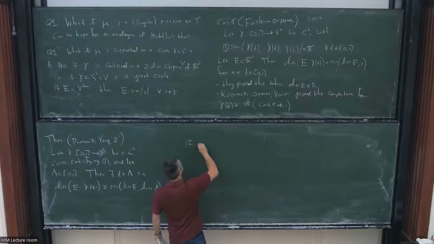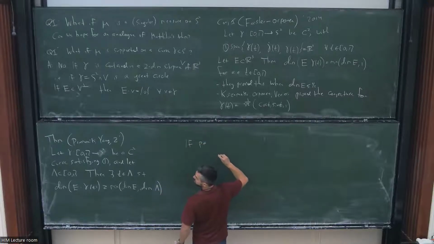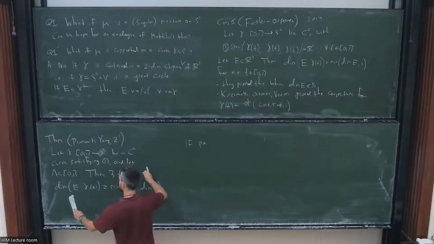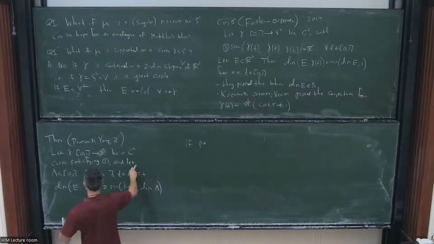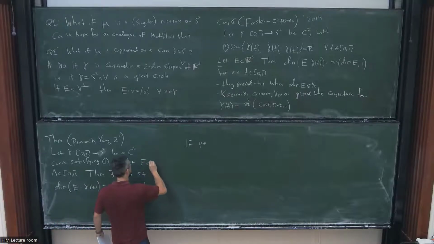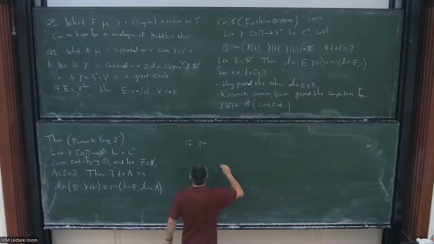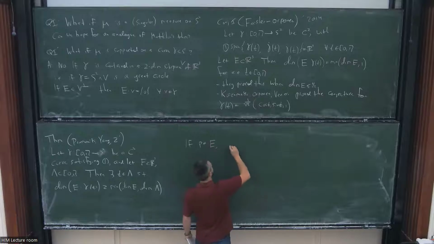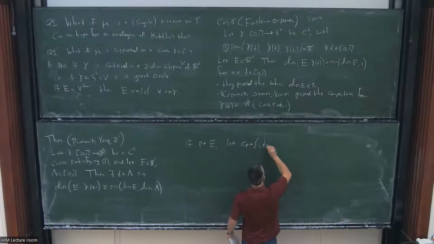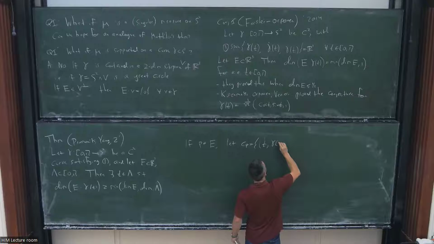And if I have some point P in the set E, maybe I'll fix my set E as well. I should have said let E be a subset of R3, rather, right? Otherwise, this doesn't quite make sense. So if P is in E, I'm going to define C sub P. This is going to be a plane curve, and it's going to look like t comma gamma of t dot P.